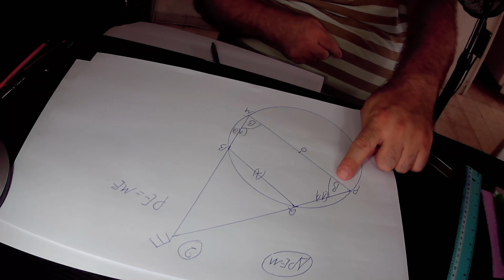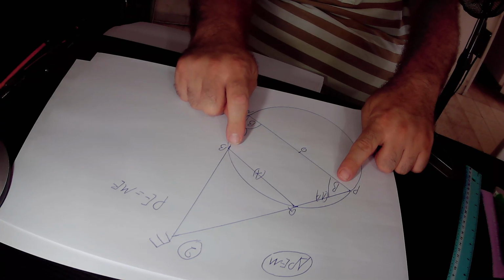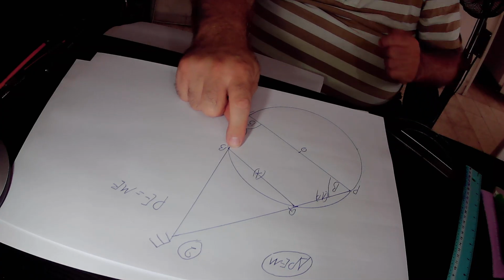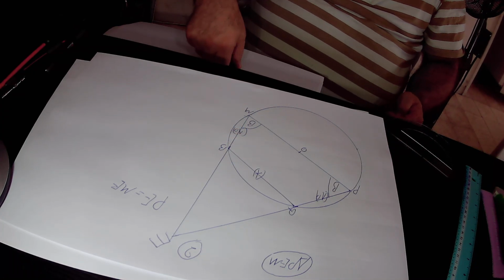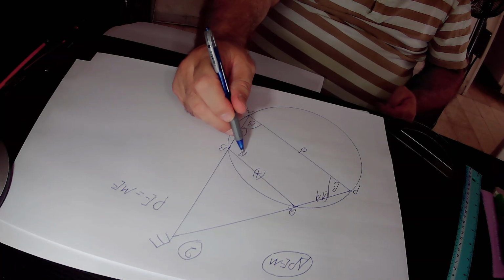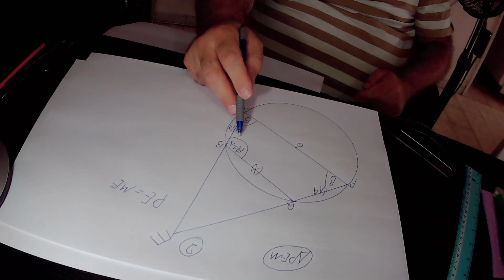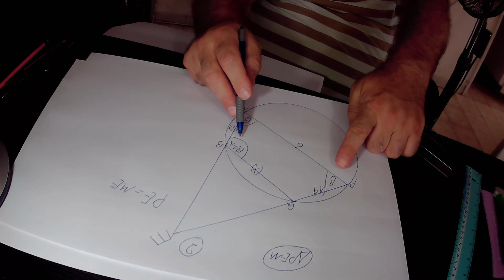So beta plus the size of this angle, in total the sum of those two angles must be equal to 180 degrees according to the new rule that I read to you. So beta plus this missing angle must be equal to 180 degrees. So this missing angle must be equal to 180 degrees minus beta. Why? Because 180 degrees minus beta plus beta is 180 degrees.